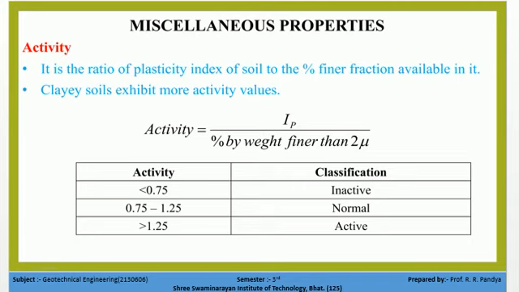A clayey soil exhibits a higher activity value because it has more fine particles. The activity is given by the equation Ip divided by percentage by weight of particles finer than 2 micron. Here the percentage finer than 2 micron is considered as clay.